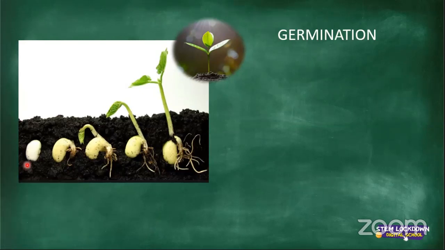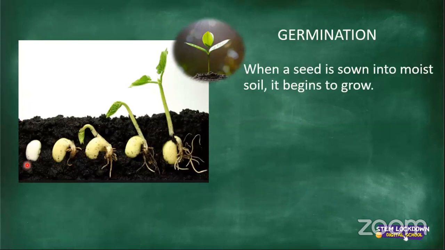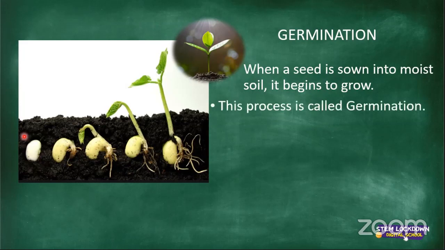When a seed is sown into moist soil, it begins to grow. So here is the seed. This is the first step, and this process is called germination. Do you remember what we said? That is when a seed starts to grow.